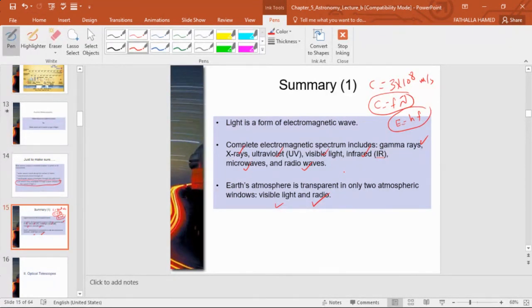So we have to be careful with our atmosphere. It's protecting us from harmful radiations and so on, which probably can harm life here on Earth. So astronomy is an observational science, and we really have to rely on these forms of electromagnetic radiation. And I told you there are some that we can do here from the surface of the Earth, and there are the ones that we really have to do from outer space.